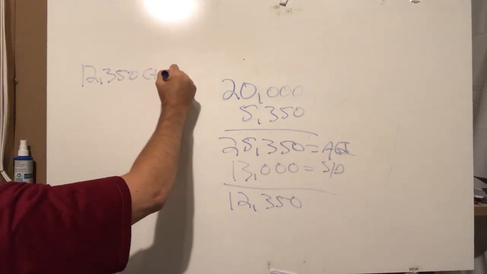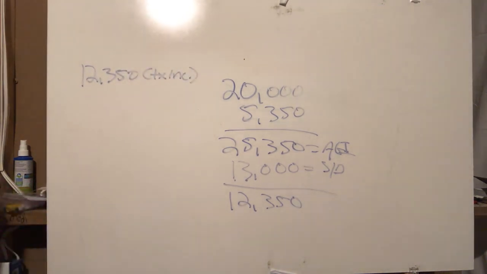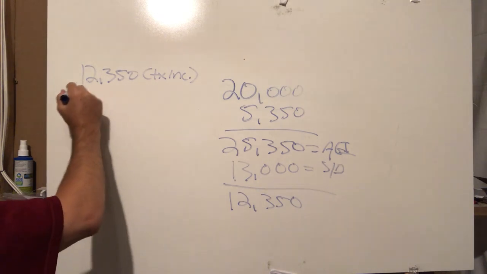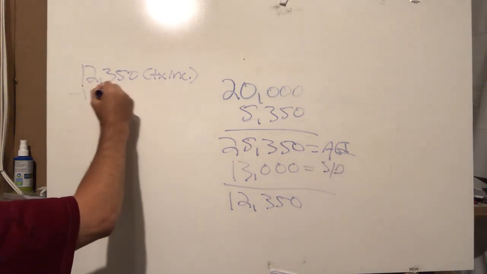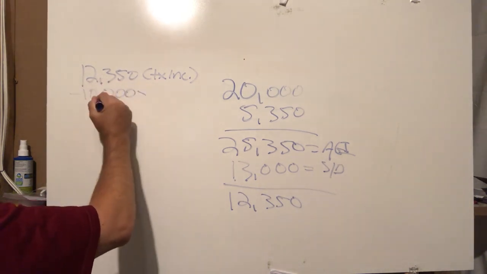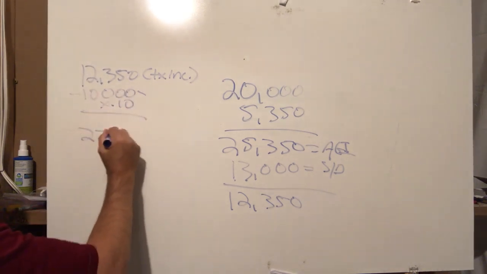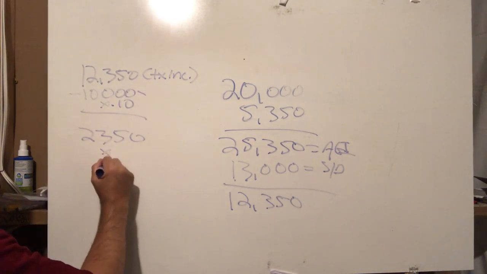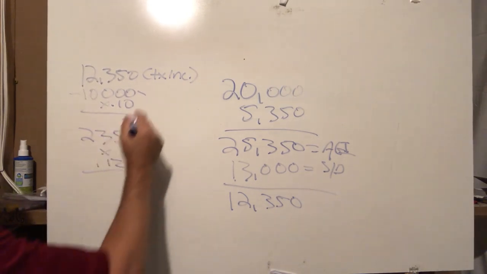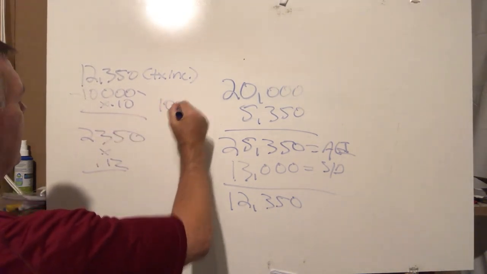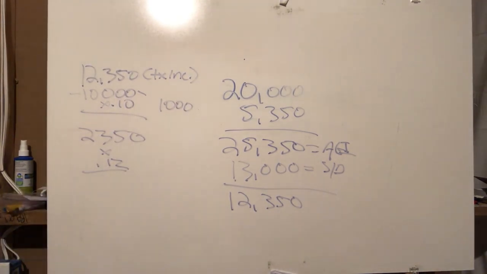I think the first, we'll just say 10,000 subject to 10%, 10,000 times 0.10, and then 2,350 times 0.12. All right, so that'll give us $1,000 there, and 2,350 times 0.12 is 282.